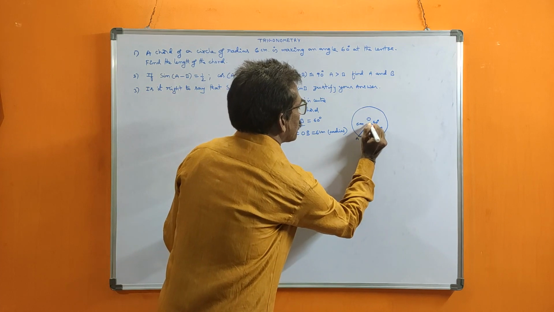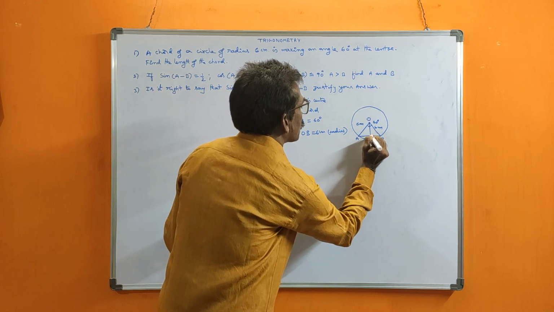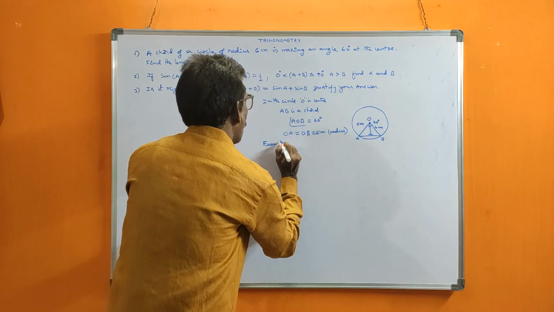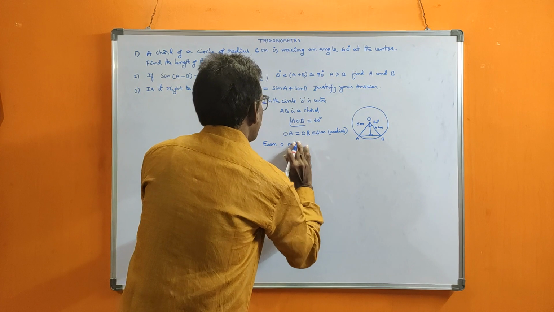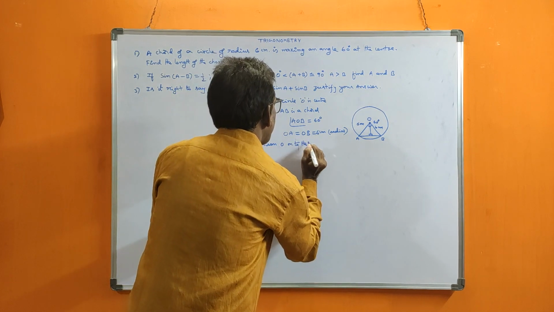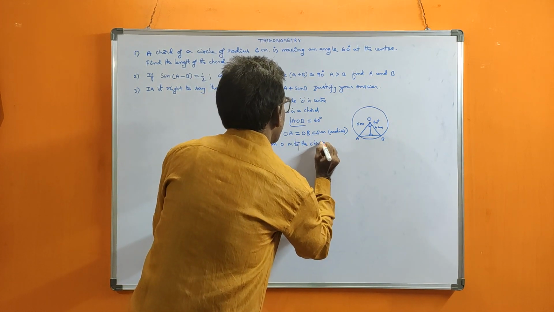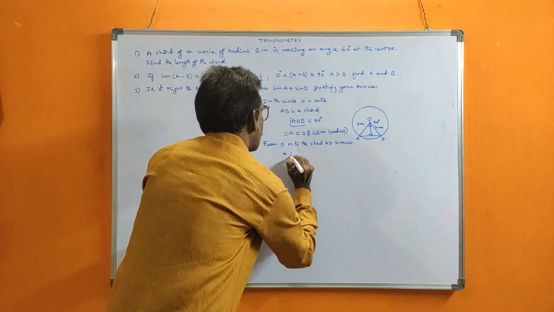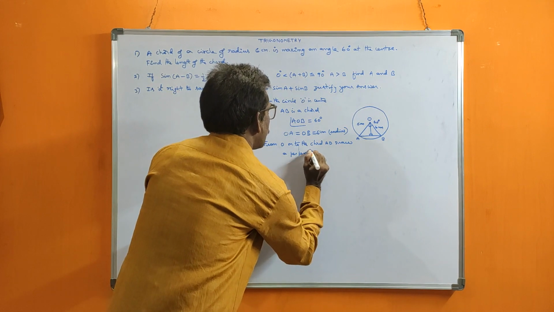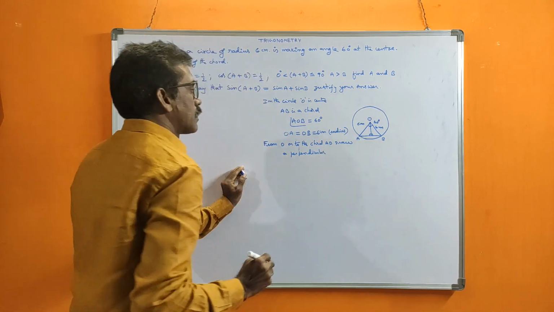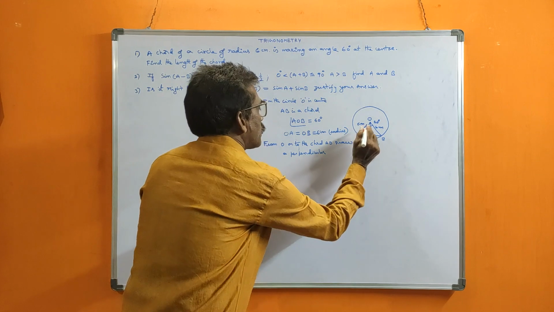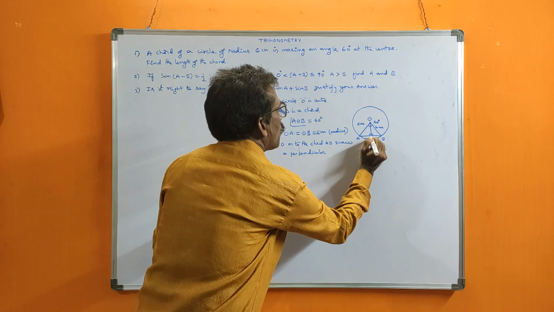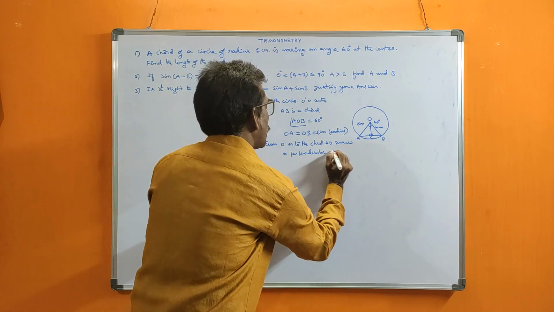from O we should draw a perpendicular onto the chord AB. Suppose this perpendicular is OC.